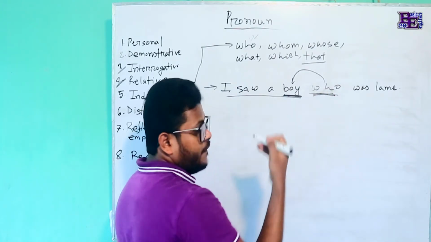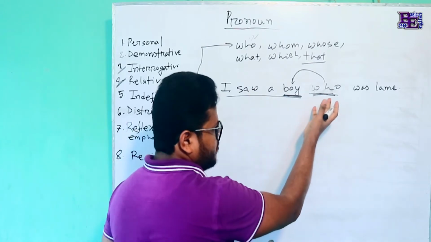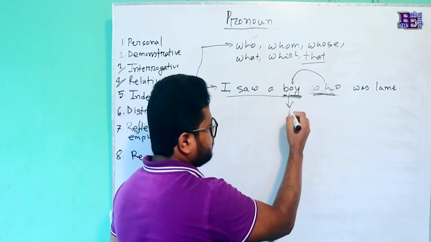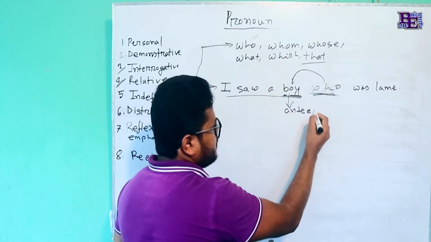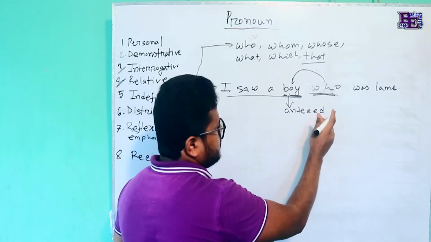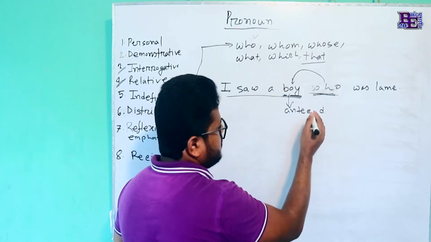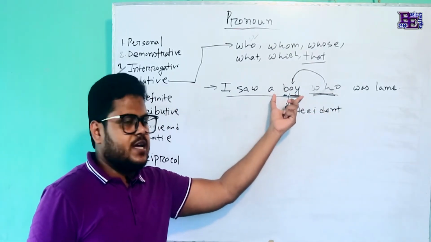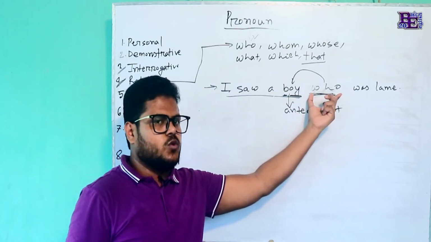And here the noun that is used before that type of relative pronoun is called an antecedent. That means the boy is an antecedent. The boy is the antecedent of the relative pronoun who.